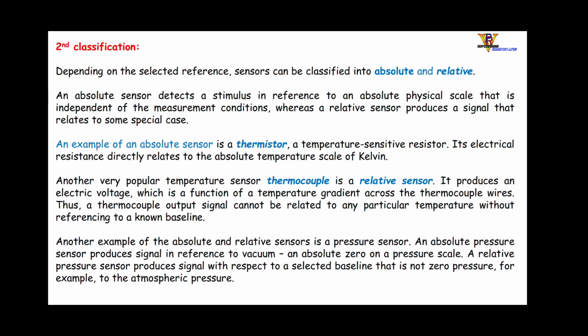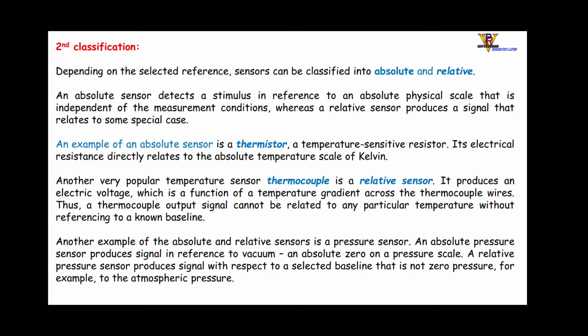Now what is the second classification? The second classification is based upon absolute and relative values. Depending upon the selected reference, sensors can be classified into absolute and relative sensors. So what is an absolute sensor?